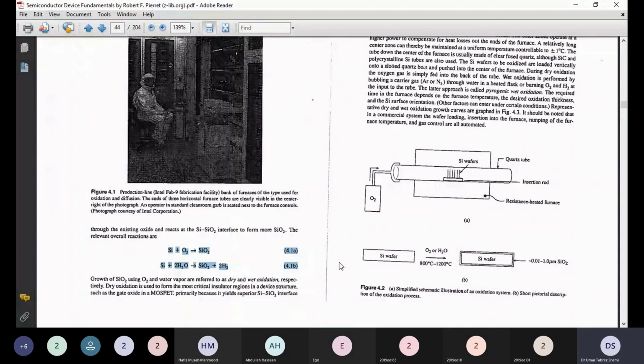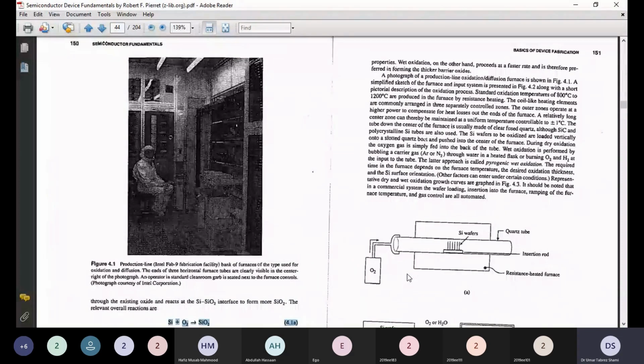Growth of silicon oxide using oxygen and water vapor are referred to as dry and wet oxidation, respectively. Dry oxidation is used to form the most critical insulator region in a device structure, such as the gate oxide in a MOSFET, primarily because it yields a superior silicon-silicon oxide interface.